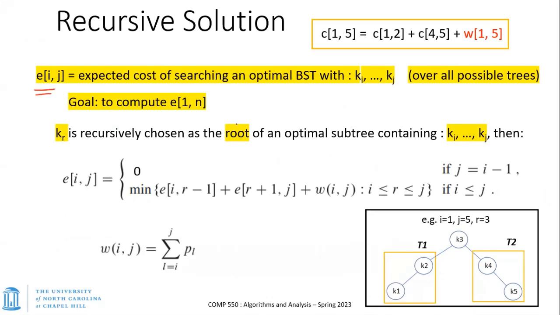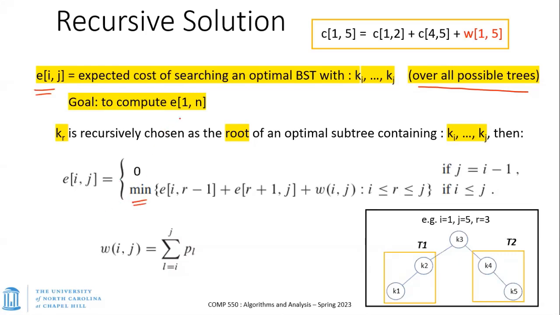The only difference between the C cost and the E cost is that C is the cost for a particular tree, whereas here we ask what the cost is over all possible subtrees, and this is going to be the minimum cost: the expected cost of searching an optimal BST over all the possible trees that you can form. So it's fairly similar to C, but now we're going to have a min in the equation.